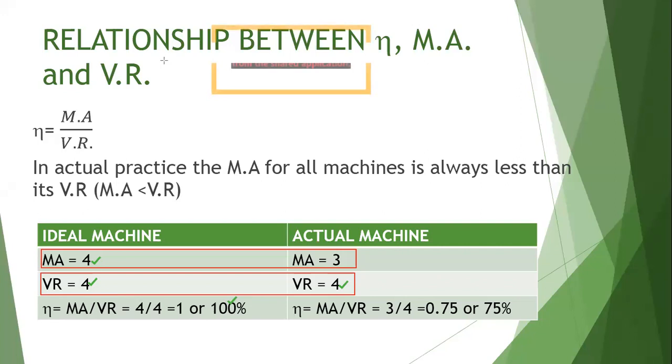The MA of our actual machine will be lesser than that of the ideal machine, or in comparison of MA and VR, MA is always going to be less than VR. And that's the reason why our machines are not 100% efficient. It is not due to VR, it is due to MA.